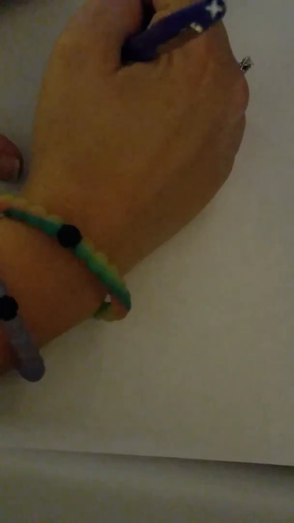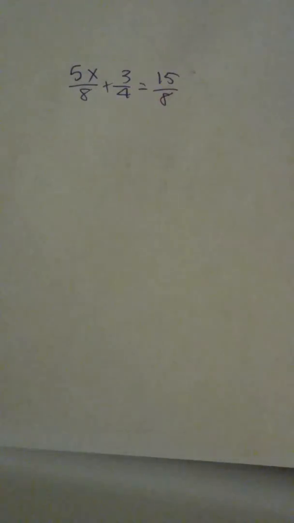All right, so we have 5x divided by 8 plus 3/4 equals 15/8. Okay. All right, so to get rid of our fractions, we are multiplying every single thing here by 8.